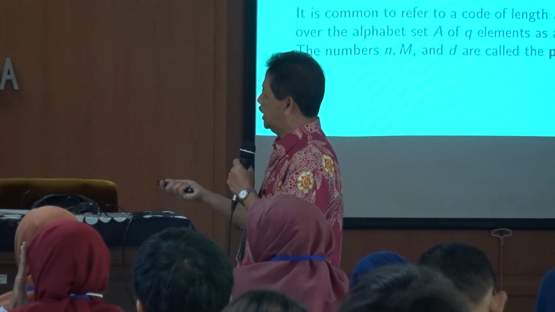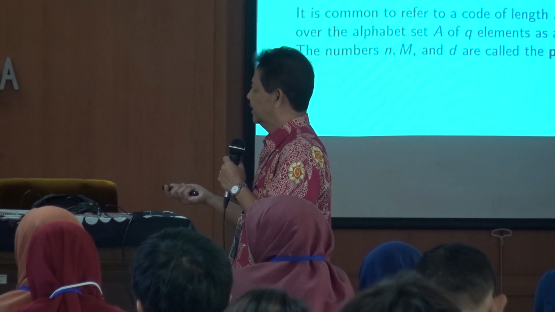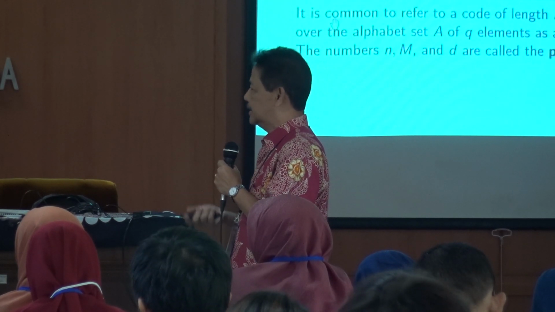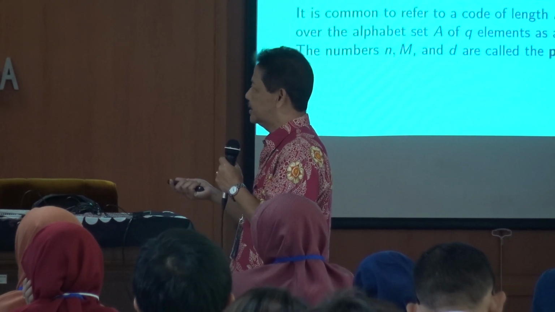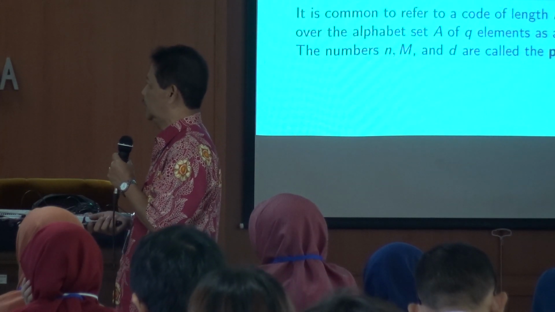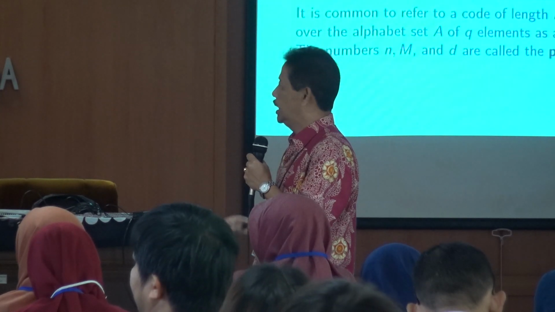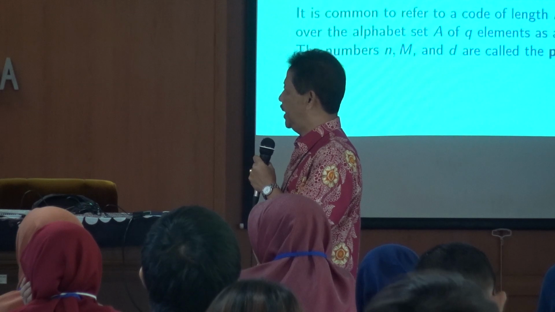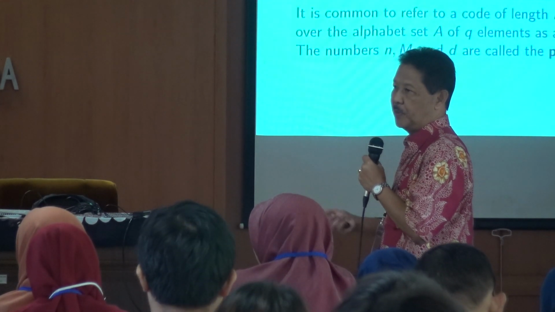The parameters of the code are the length n, the size, which is the number of code words in that code, and the distance. Distance means in this case the minimum distance of the code. And the notation is (n, M, d) over an alphabet A of q elements. So n, M, d are called the parameters of C.